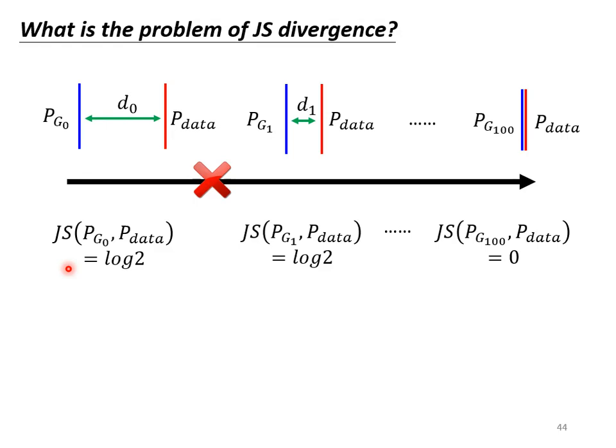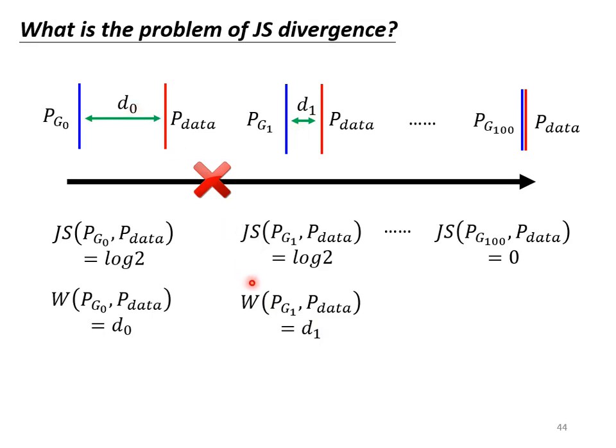Let's start by assuming that we can calculate the Wasserstein distance. What benefits can it bring us? We assume the distance between Pg and P data is d0. In this example, the Wasserstein distance calculated is d0. In this example, the distance between Pg and P data is d1. The calculated Wasserstein distance is d1. We assume that d1 is relatively small, and d0 is relatively large.